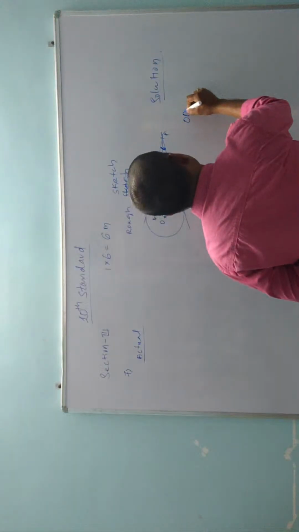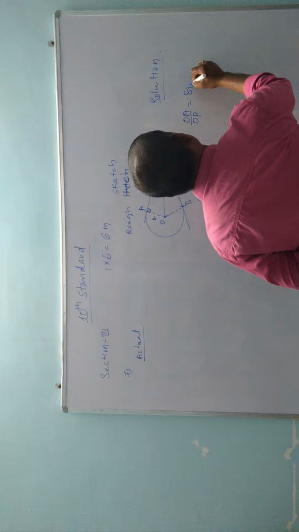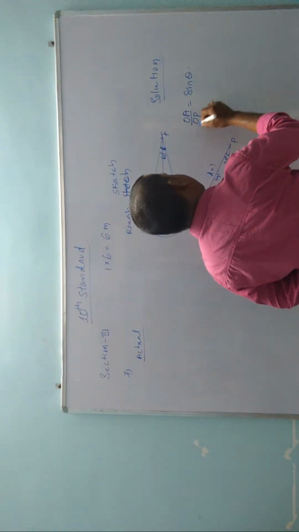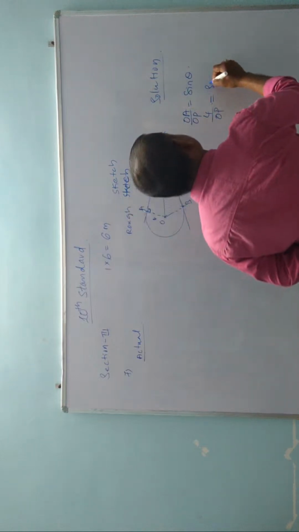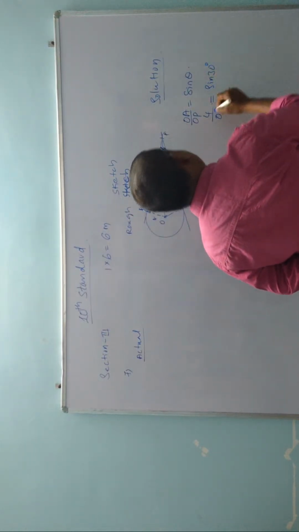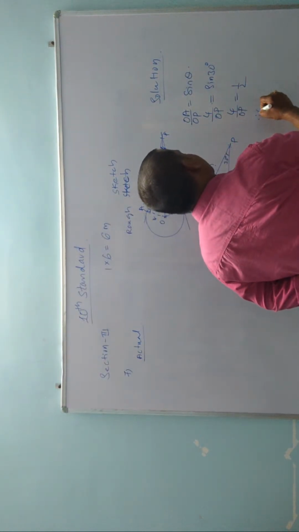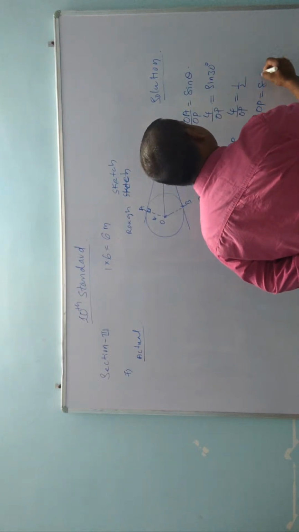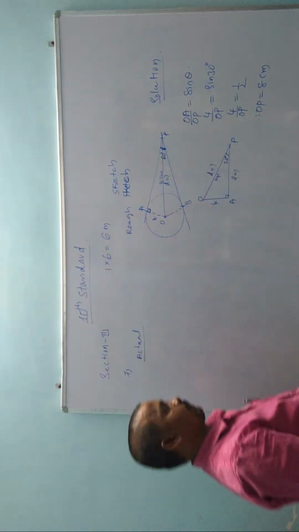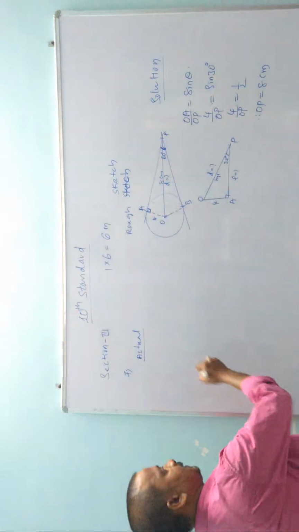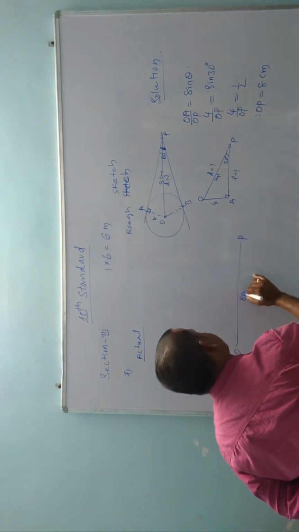So OA is 4 centimeters, OP is not given, and sine 30 is 1 by 2. So 4 by OP equals 1 by 2. By cross multiplication, OP is 8 centimeters. So the total length is 8 centimeters.